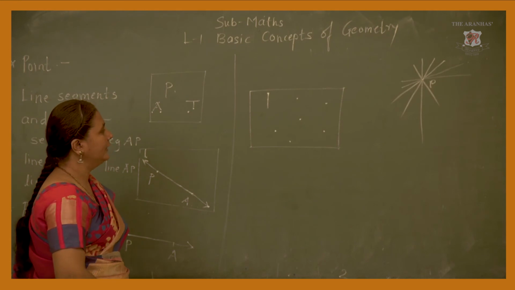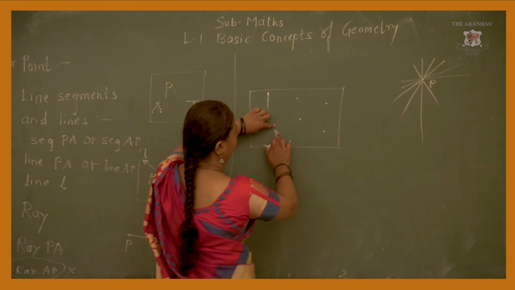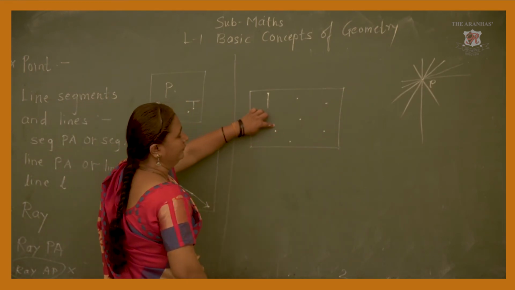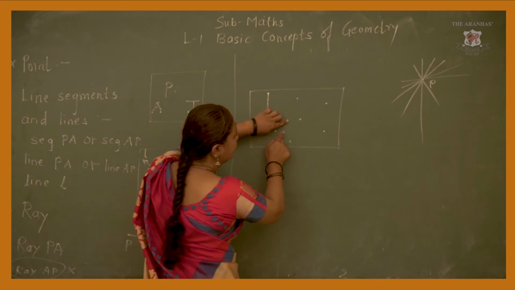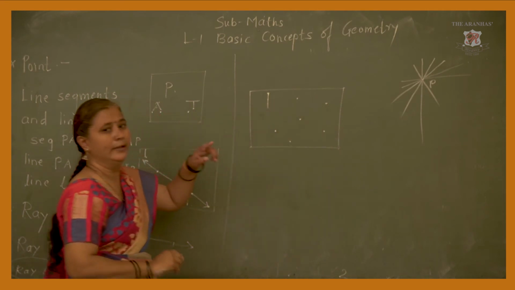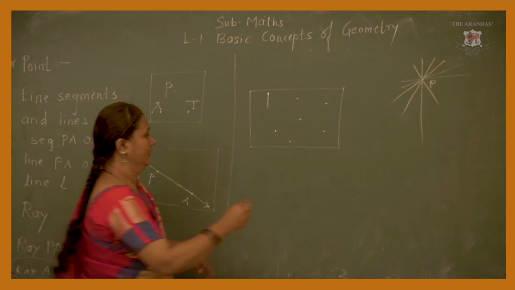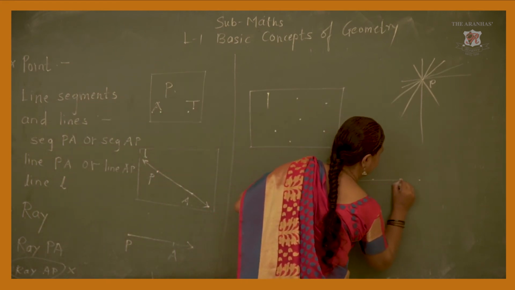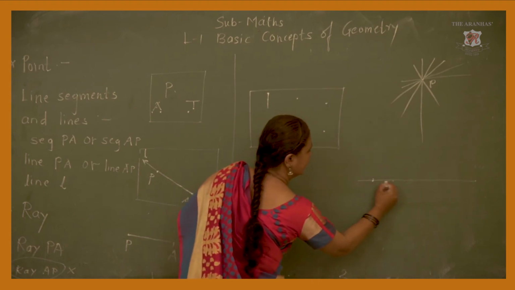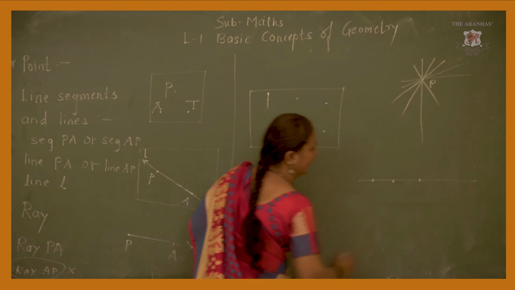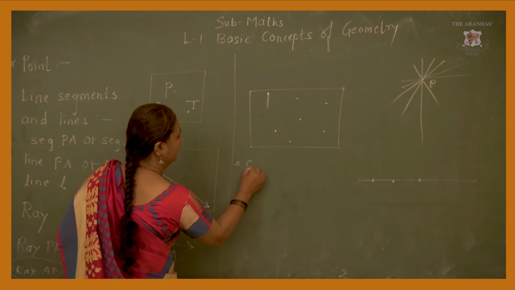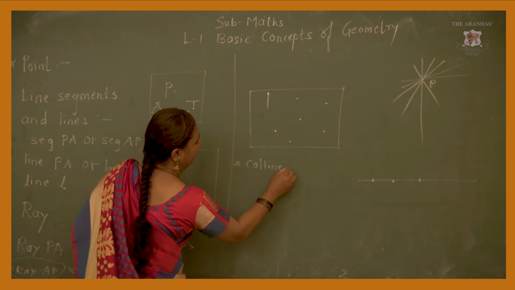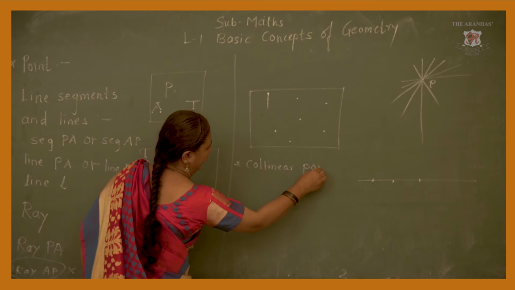Okay. Now see here, these 3 points lie in a straight line. When 3 or more than 3 points lie in a straight line, they are called collinear points.